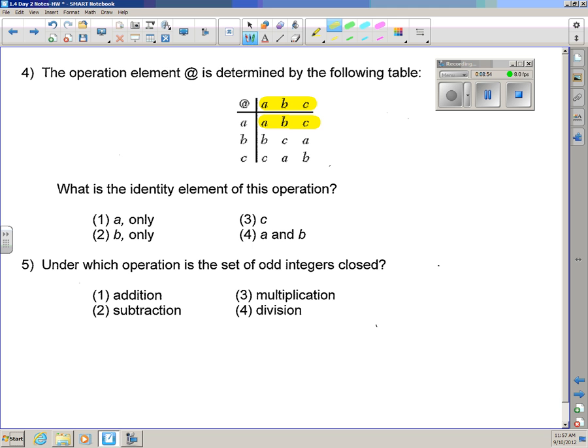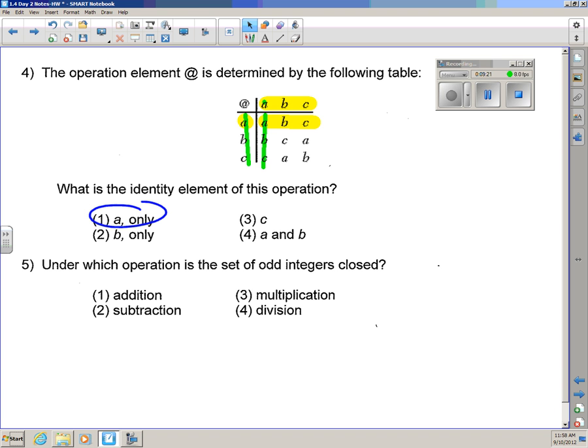And this happens to be, the element is A. And if I happen to look going down, ABC, I happen to see right here, ABC. So the way to keep the heading and, I guess, the column and the row, if you will, the exact same as it starts out as, the identity element is going to be A, because that's the only way when I look across the A or down the A that I've got the table the exact same as the headers on either side.